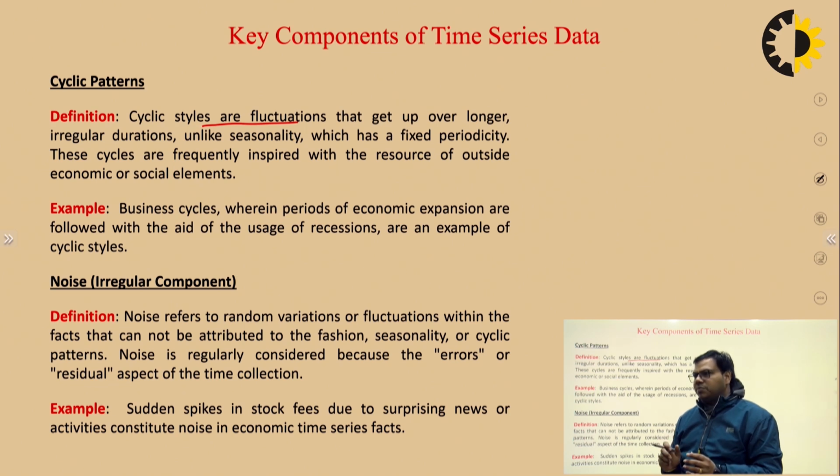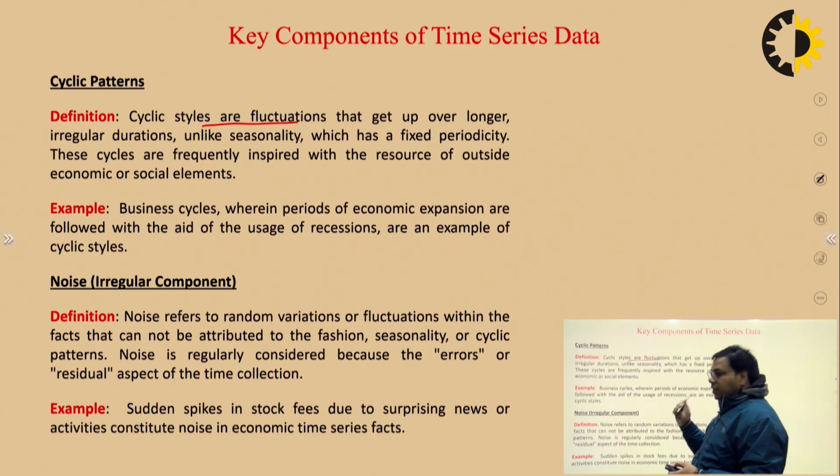But in the case of cyclicity, the phase of the cycle could vary on every cycle or every turn. In one turn, the total cycle could be of 1 year, but maybe another cycle could be of 5 years or 3 years or 2 years. So this is the major difference between seasonality and the cycle.